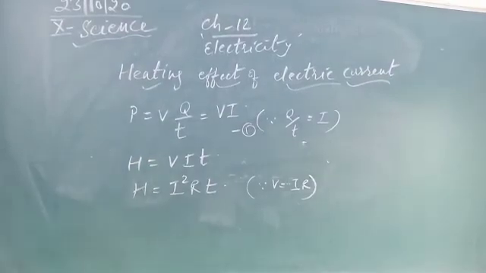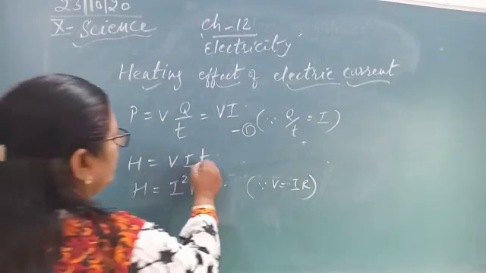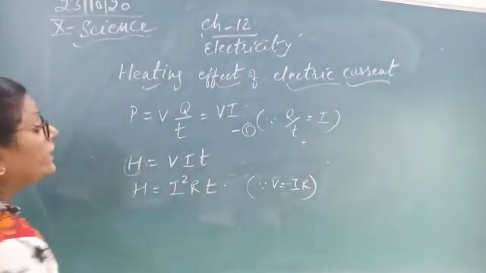Okay. Now, the energy supplied to the circuit by the source in time T is P into T. So, it is equal to VIT. Here H is the heat energy.